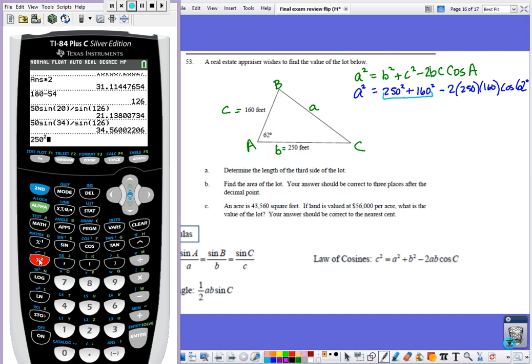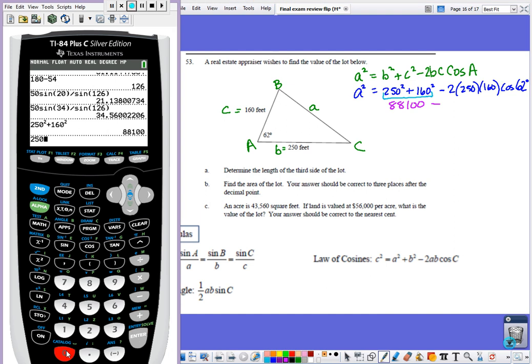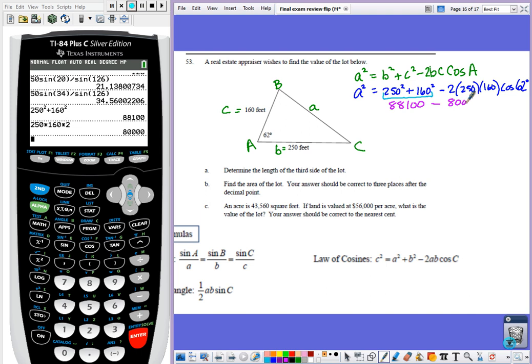So we take 250, square it, and add 160 squared, and we end up with 88,100 minus, let's simplify that, 250 times 160 times 2, right? And this is a negative number, so minus 80,000 cosine of 62 degrees equals A squared.